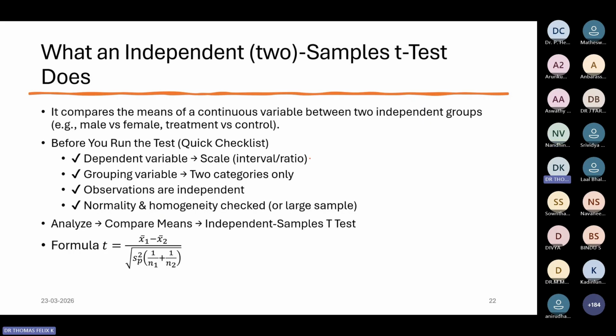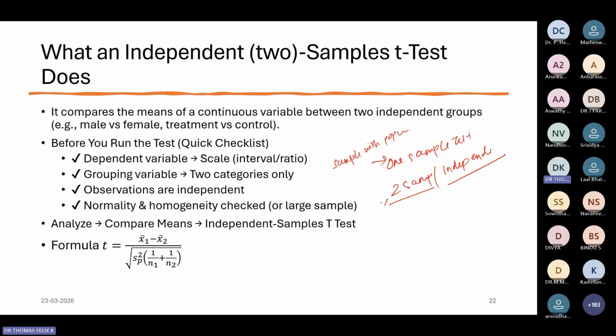So now we are moving to the independent t-test. First we have seen the one sample t-test. Now we are moving to the two sample or independent sample t-test. The name itself says independent sample, so two different samples. In the first case, we relate the sample mean with the population mean.